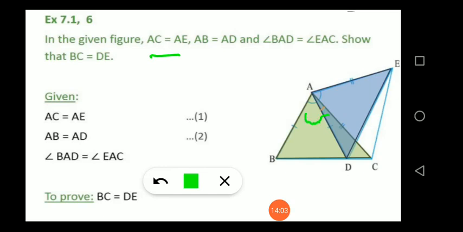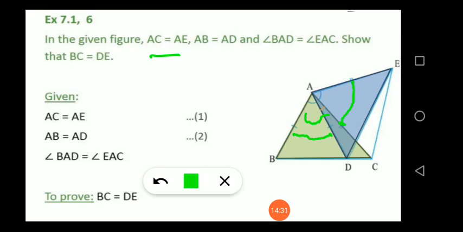But we know that only this portion of angle BAD is equal to this portion. What about this portion of angle? Yes, this portion of angle is common to both, and if we add a common number to both sides of an equation, it remains same.